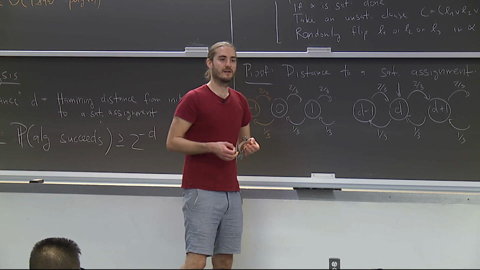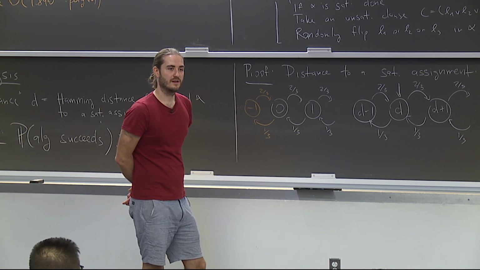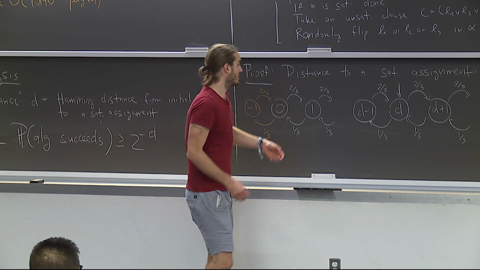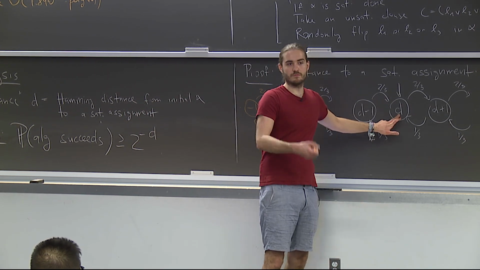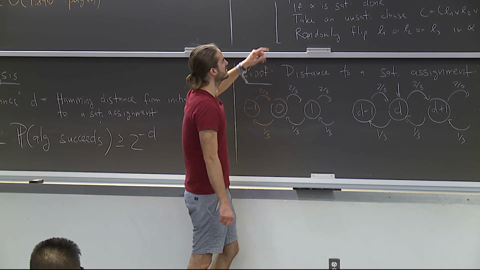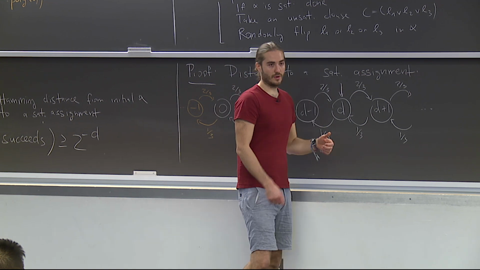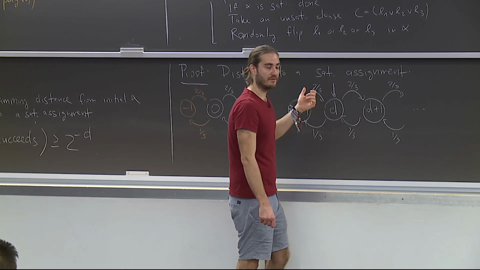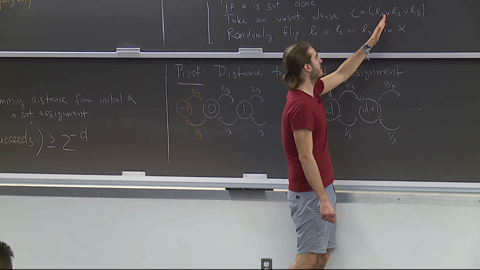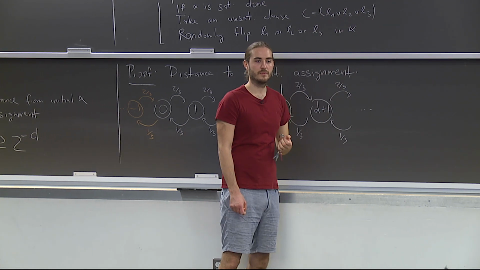How did you get 2/3? OK, so let's say you start at d, the initial assignment, and you take an unsatisfied clause. Since it's unsatisfied, the assignment alpha differs from the optimal assignment in either L1, L2, or L3.